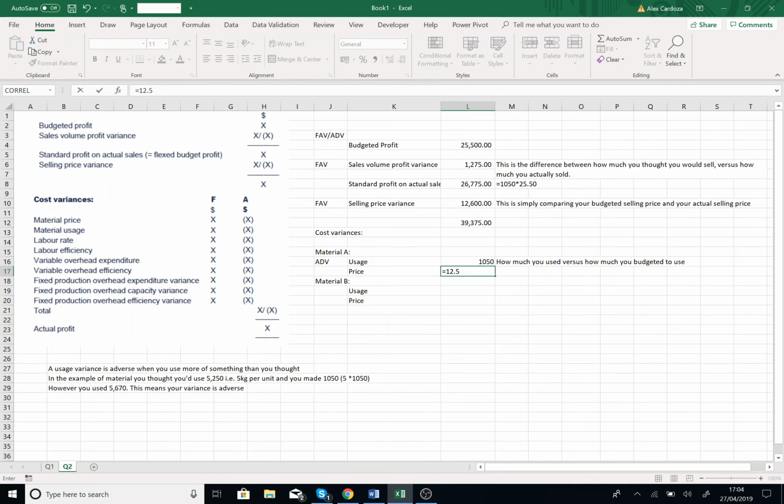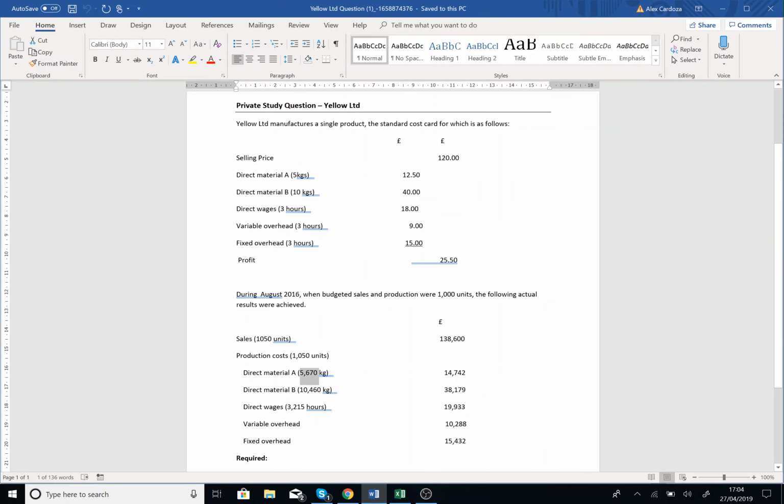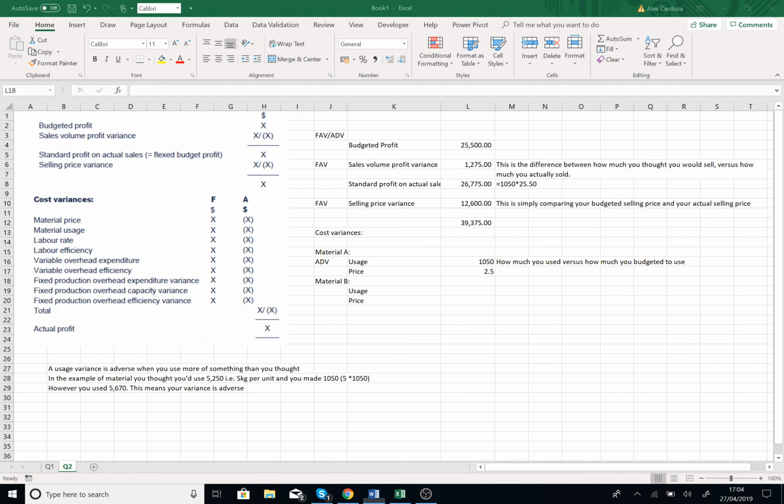You actually spent per kilo 14,742 divided by 5,670, okay? So you spent 2.6. What does that tell you? You've got an adverse variance there, because you spent more than you thought you would, okay? That's quite obvious comparatively.